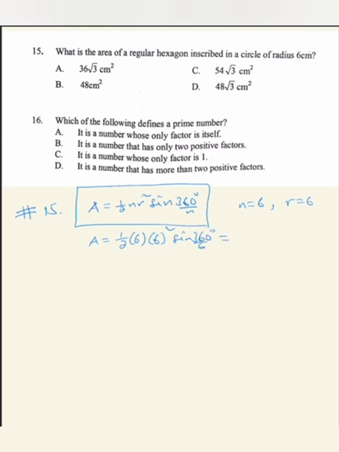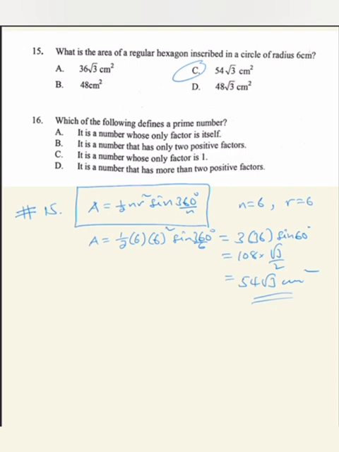So ይሄ ምንድነው የሚሆነው? 3 times 36 times sin 60 degree, or 108 ሲባዛ √3 over 2 ምን ይሆናል ማለት ነው? 54 radical 3 centimeter square ይሆናል ማለት ነው. So this is the area of the given regular hexagon.